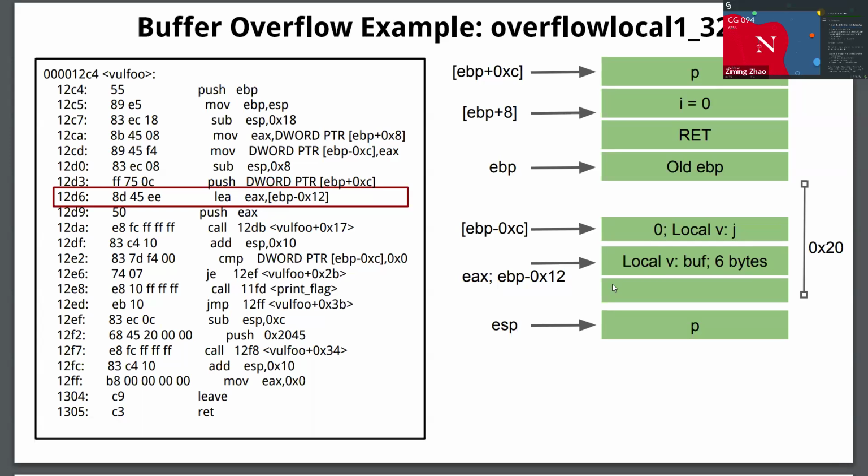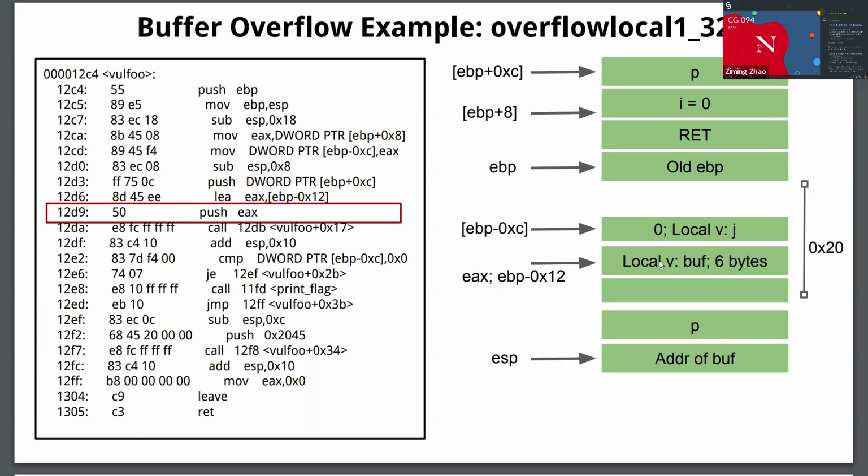Then the local variable J is at EBP minus C. Then what's the distance between them? 12 in hex is 18 in decimal, C is 12. So there are 6 bytes. So in this case, the compiler gave us exactly 6 bytes. That's what we asked for in the C code. So the buffer size is 6 bytes, right?